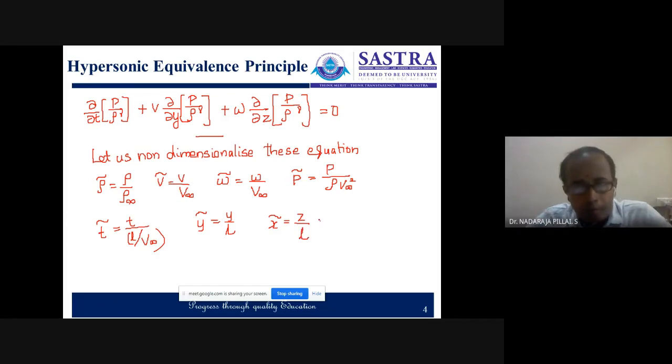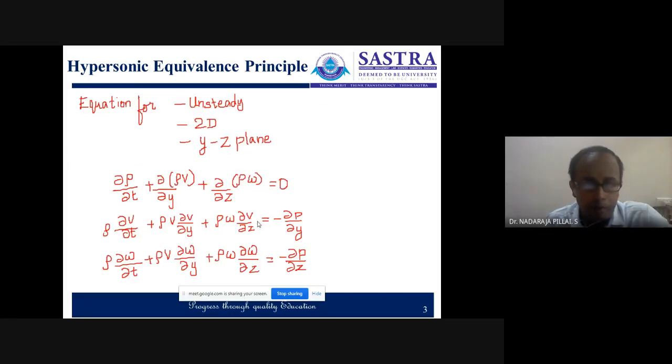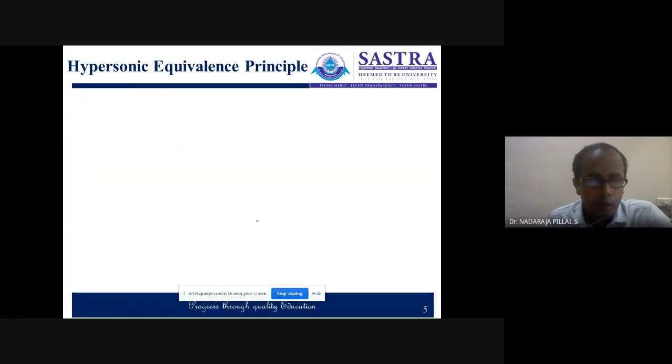Now, we know that here rho infinity, V infinity and all can be treated as the reference quantities, right? So let us now write these equations in this non-dimensionalized form. Now the equation can become, say this equation is now represented in non-dimensionalized form, right?